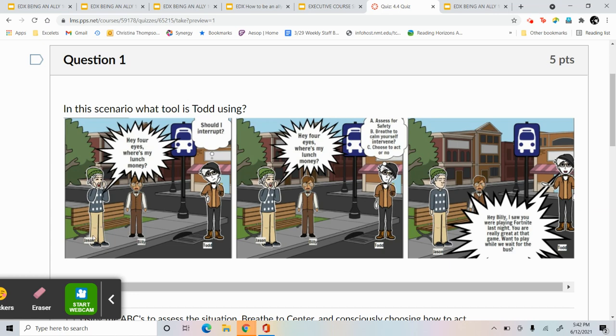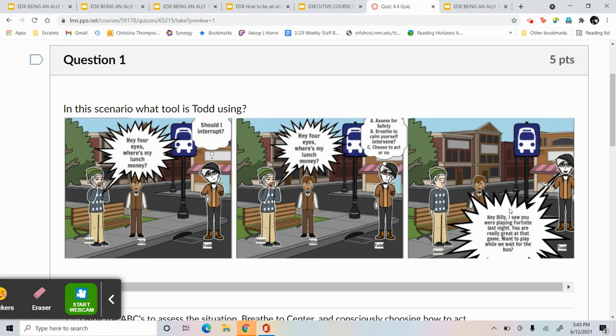There's a Jason, who looks like he's being a bully, says, "Hey, Four Eyes, where's my lunch money?" Billy, a smaller child, is crying, and Todd is about the same size as Jason, maybe bigger, and is asking himself, should he interrupt? And then here he's using the skills in the course, the ABCs: assess for safety, breathe to calm yourself, and choose to act or not.